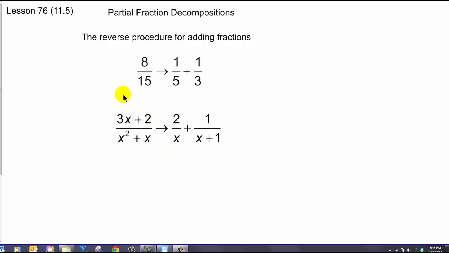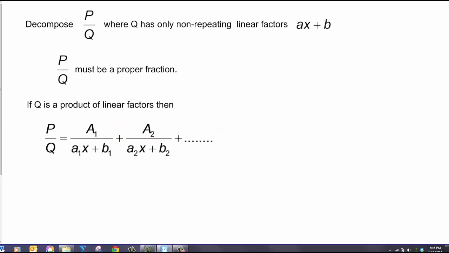Now, there's a lot of fractions that would actually do this, but what we're going to look at are proper fractions, in other words, fractions that are reduced and less than 1, and fractions that have factors of 15, basically. So there are about 3 different concepts we're going to cover.